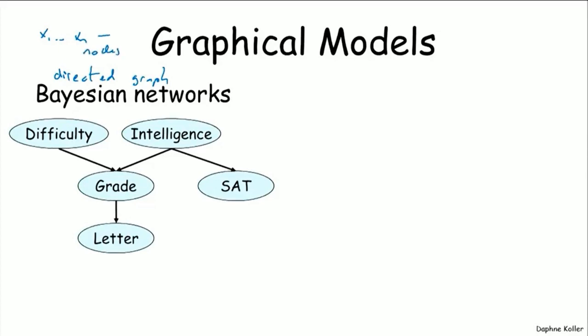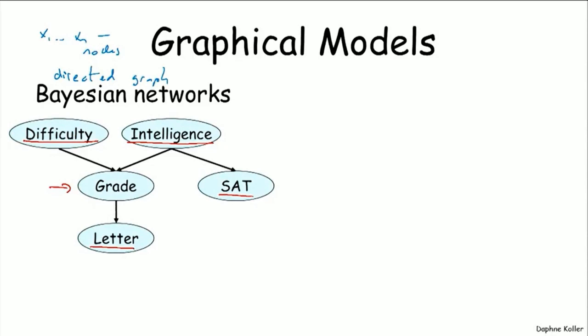So to take a look at this very simple example, which we'll discuss again later, here we have a situation where we have a student who takes a course and gets a grade in the course, and so that's one of our random variables. We have other random variables that are also related to that, for example, the intelligence of the student in the course, the difficulty of the course, and others that might also be of interest, for example, the quality of the recommendation letter that the student gets in the course, which is dependent on perhaps the student's grade, and the score that the student might have received on the SAT.